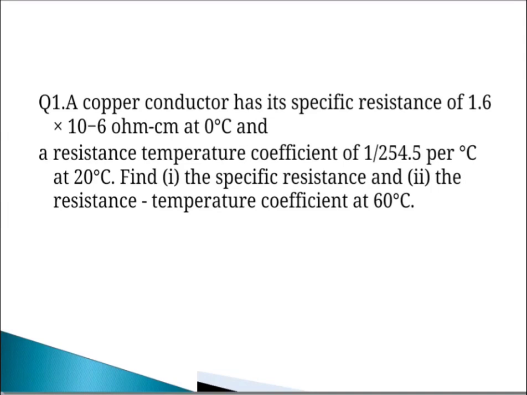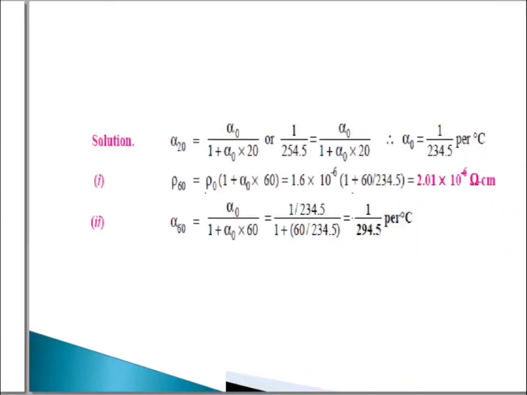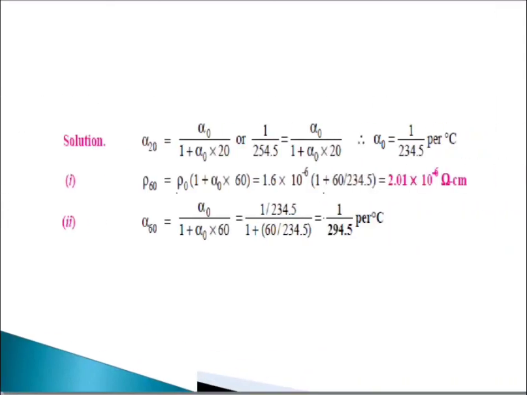First write down all the given quantities, and then with the help of formulas we solve the equations. The temperature coefficient at 20 degree Celsius is given by alpha 0 divided by 1 plus alpha 0 into T, where T is the temperature, 20 degree Celsius.